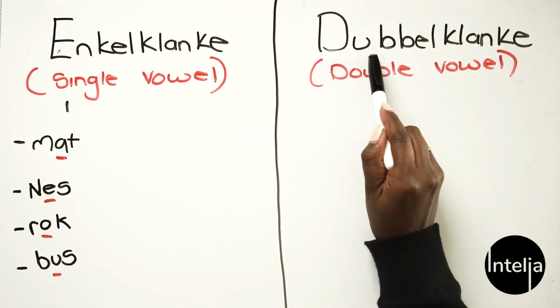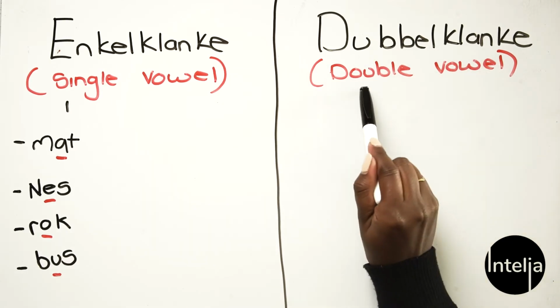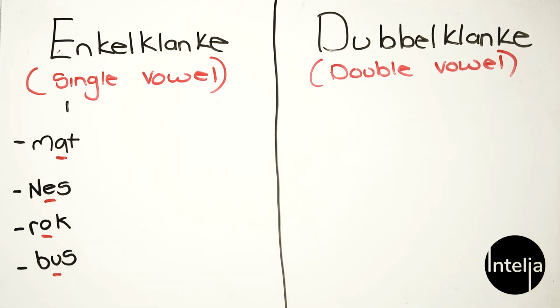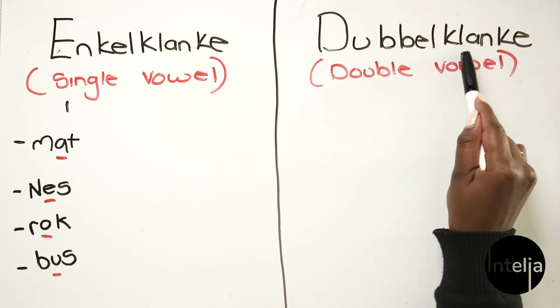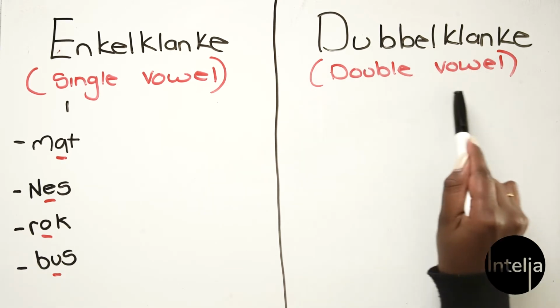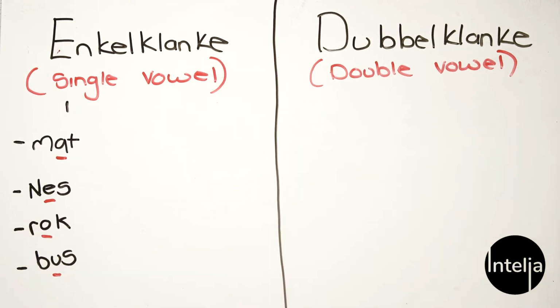So double klanke, double vowels. We're going into double klanke, which is double vowels. What do you think that means?